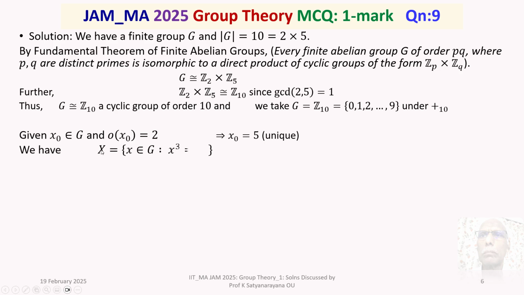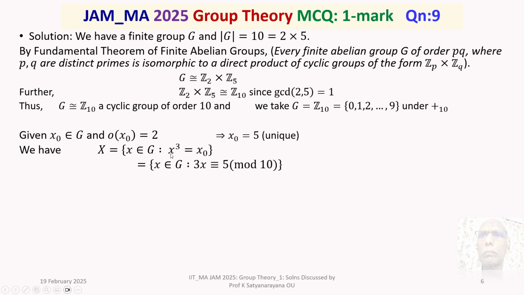Now, we have capital X is equal to the set of all x belongs to G such that x cube is equal to x0. What is x cube? x plus x plus x modulo 10, because we are working under addition modulo 10.